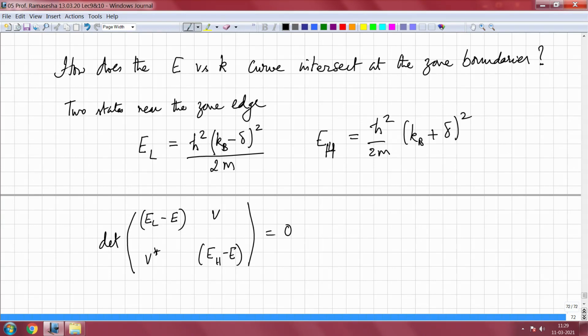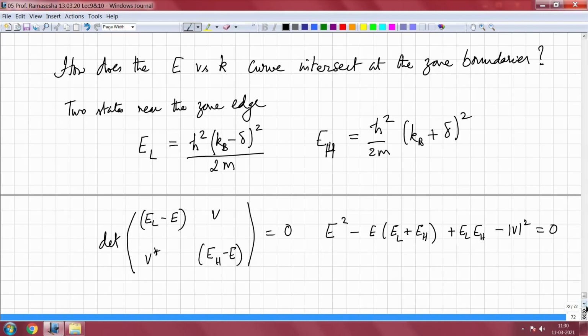So, this gives me a quadratic equation in E, which is E squared minus E times (EL plus EH) plus ELEH minus modulus V squared equal to 0.